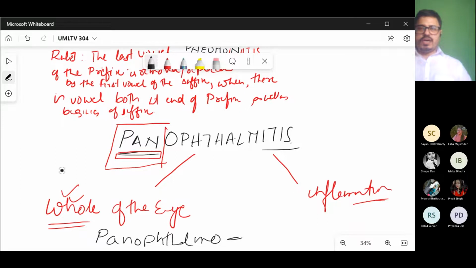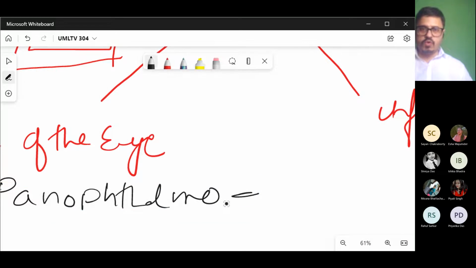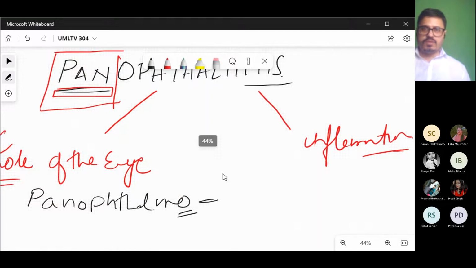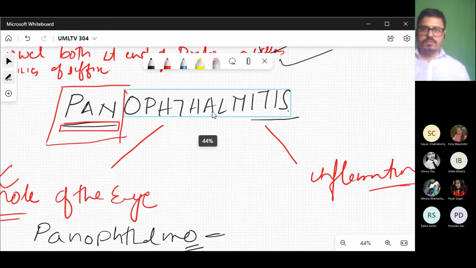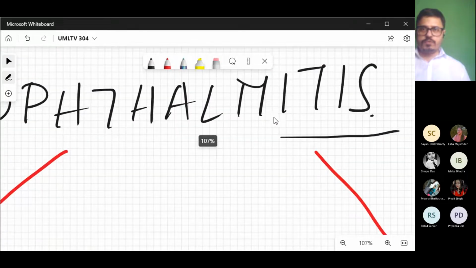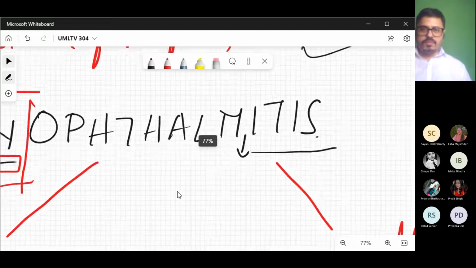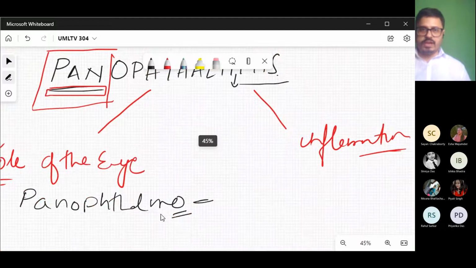Now observe again that the rule that I have stated here on the top is again being applied here. And it is equally applicable. Observe that the prefix that I have written ends with this O. So this O represents the ending vowel of the prefix panophthalmo. But when you look into the term, there is no O present. After the M, there should be the position of this O, because if you look into the prefix, the O was present after M. Have a look again.